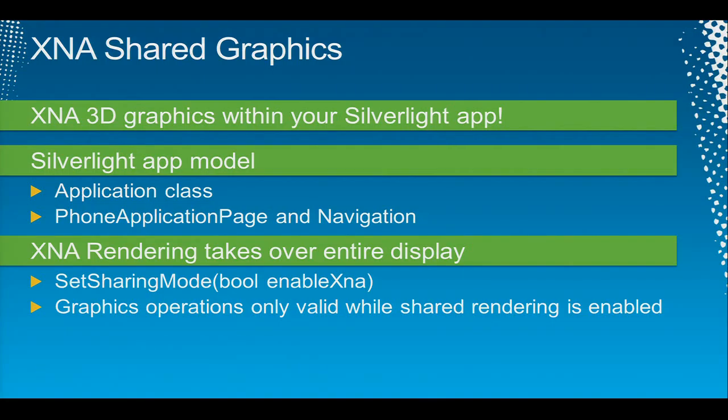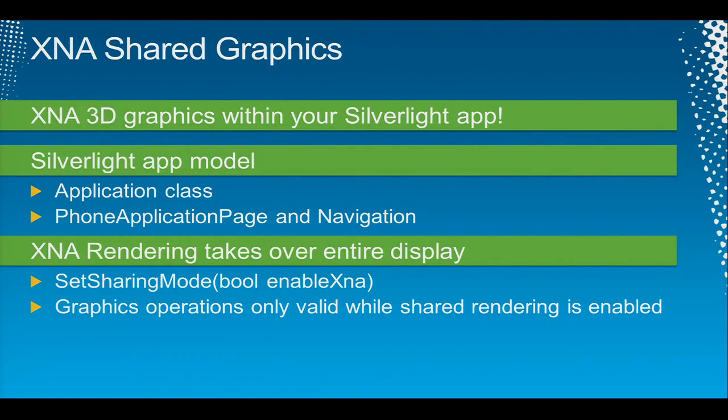One thing to note is that you are writing a Silverlight application. We have a new project template, the Rich Graphics application template, and it's already pre-configured. It has a standard Silverlight page. You click a button, we'll show you in a second, and you navigate over to a page that has XNA framework rendering enabled. But you are writing a Silverlight game. So Silverlight and XNA are both running at the same time.